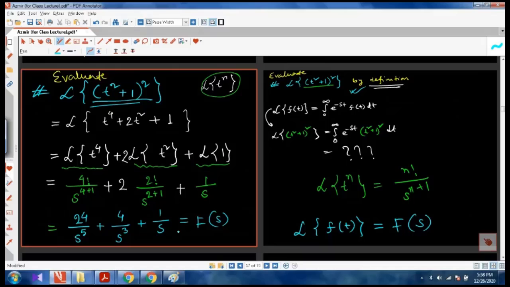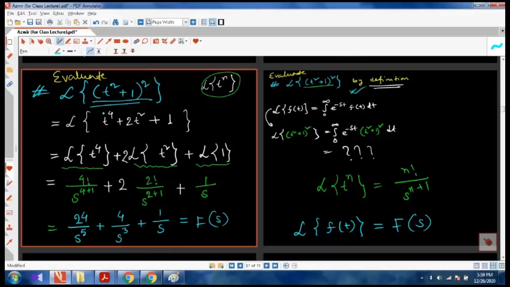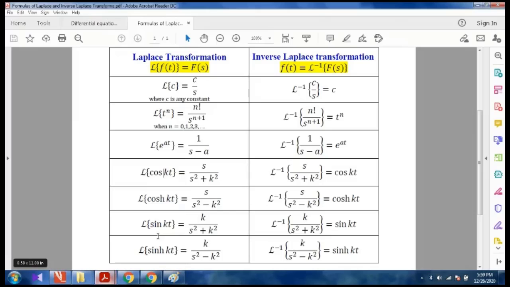So sometimes we may not have the direct formulas or the direct functions that are going with the formulas. So in that case, we may have to simplify the previous function so that we can use these formulas.